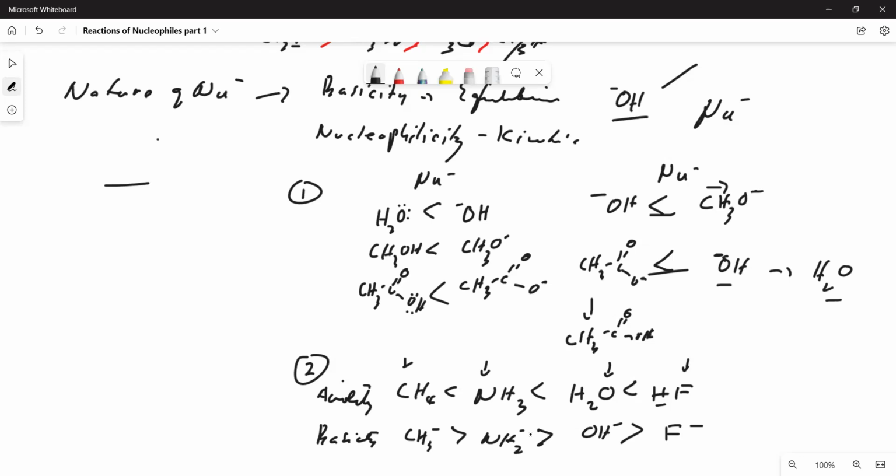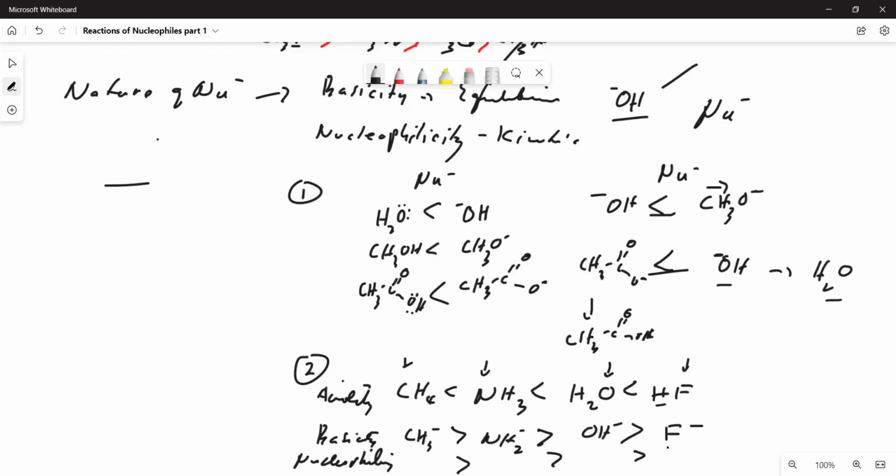So what is the trend for nucleophilicity? Now, for atoms with different nucleophilic centers but almost the same sizes like this one, the nucleophilicity will also follow the same trend.